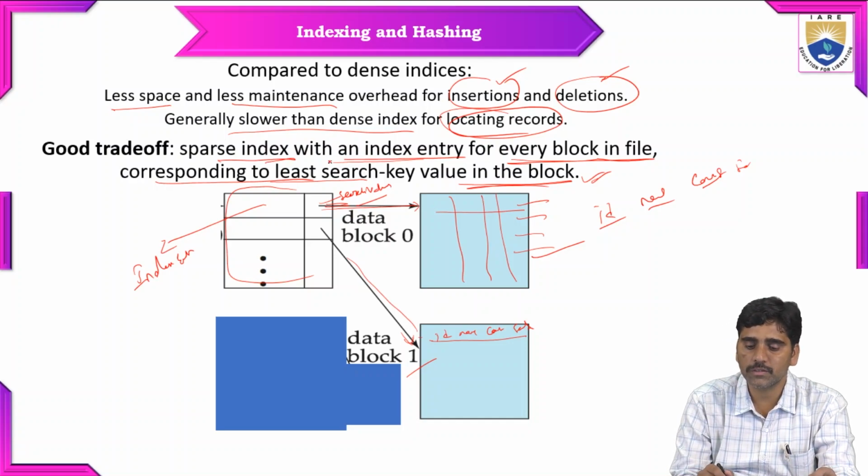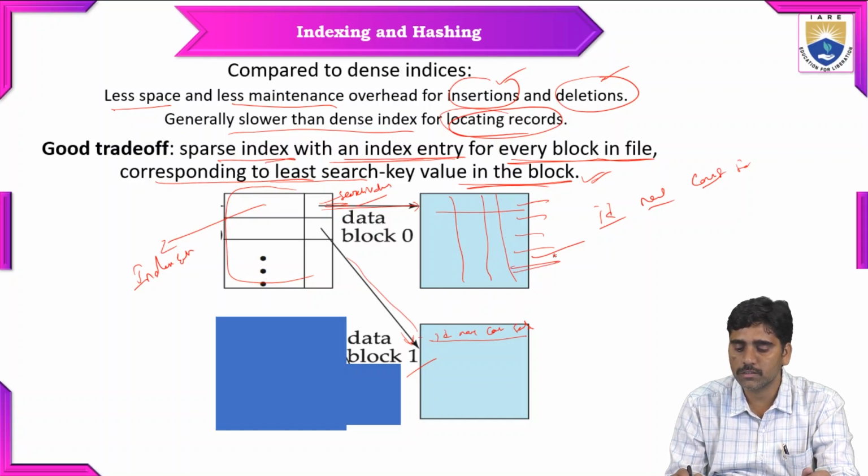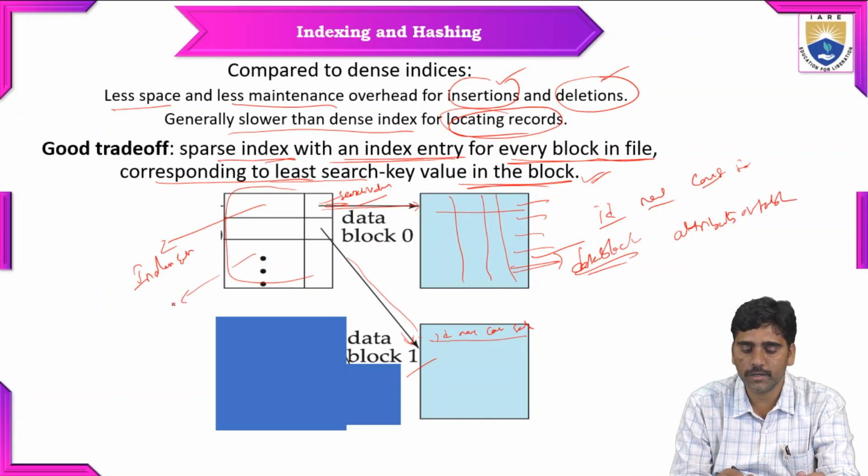And a sparse index has an index entry for every block in a file, corresponding to the least search key value in the block. So this is called a data block, which maintains all attributes of the table, and this is the index, which contains index entries.